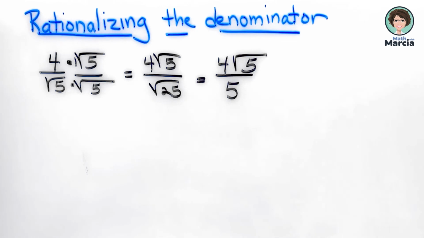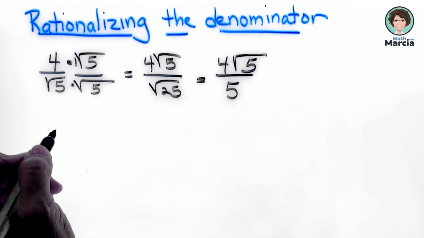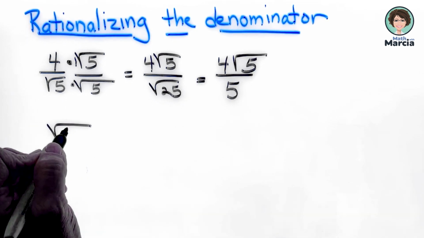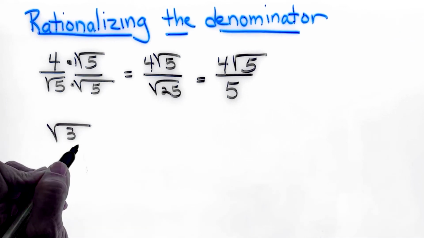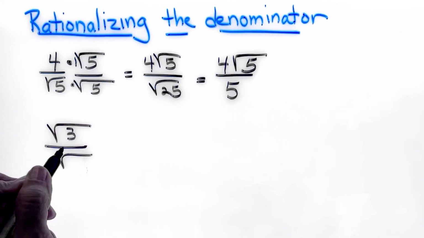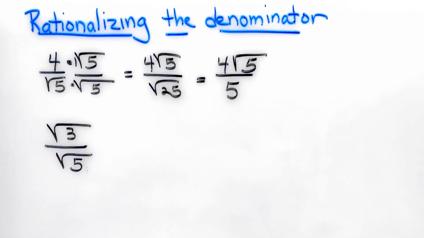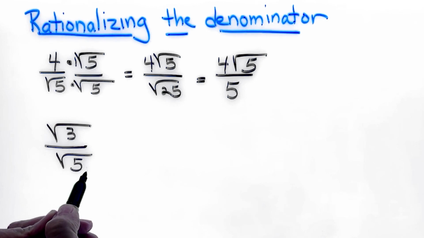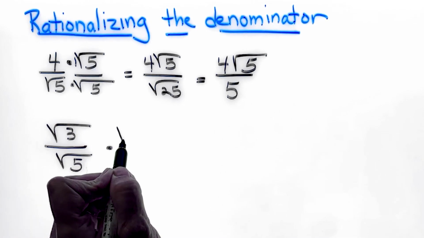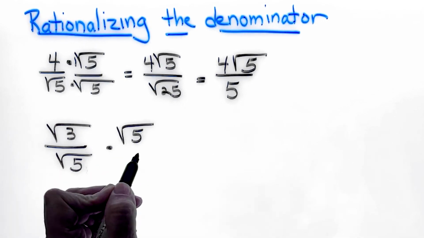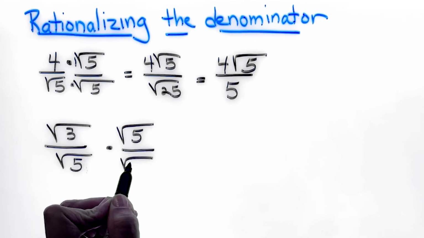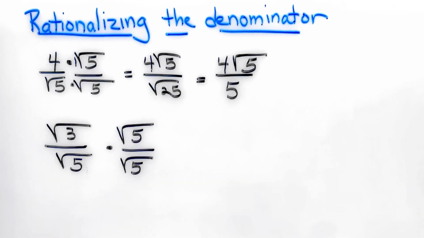The next problem that we're going to look at is the square root of 3 over the square root of 5. So again, I'm going to multiply both by the square root of 5, because that's what is inside my radical. And remember, we're rationalizing the denominator.